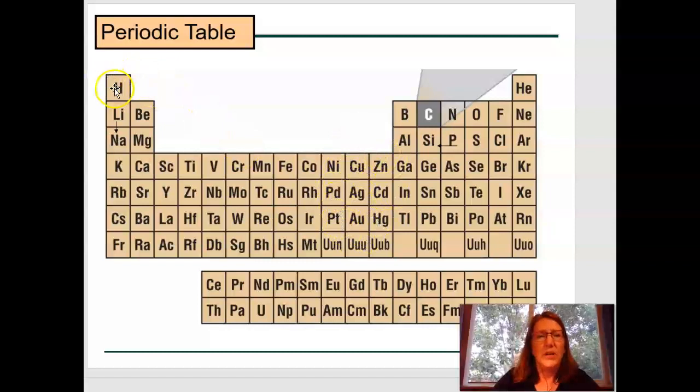But pretty much we're going to look at hydrogen, carbon, nitrogen, oxygen, maybe some sodium, magnesium. This is potassium, calcium. So that's pretty much it for our biology class. Over here, chlorine. And phosphorus. So we're not going to look at the whole periodic table.